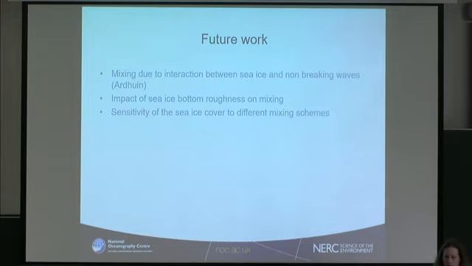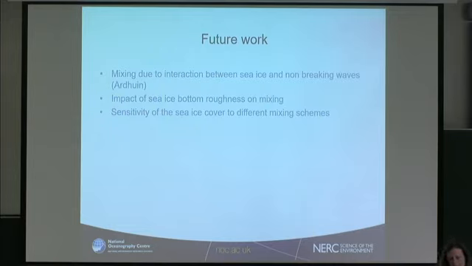What we have noticed with this simulation is that mixing schemes can have quite a substantial impact on the sea ice cover you get. This was just one process within mixing schemes, but using TKE rather than GLS, you can create different biases in different seasons in ice extent and ice area.